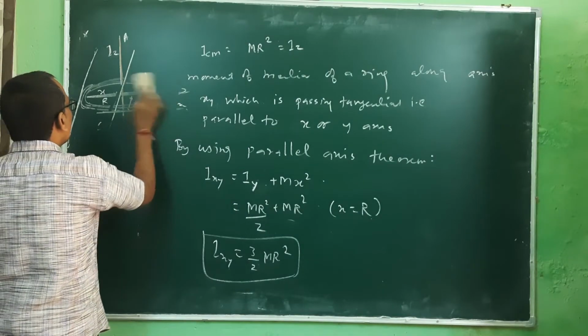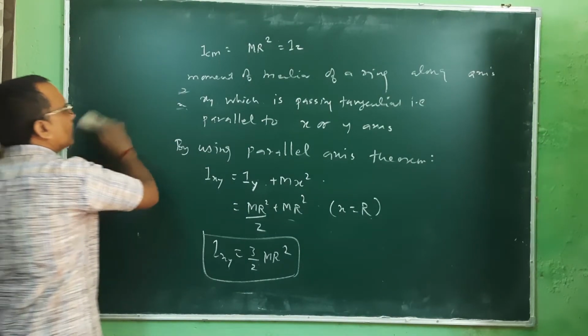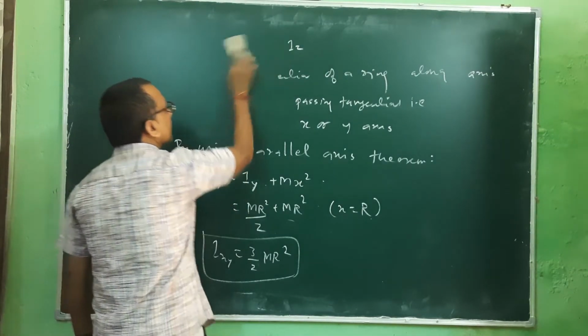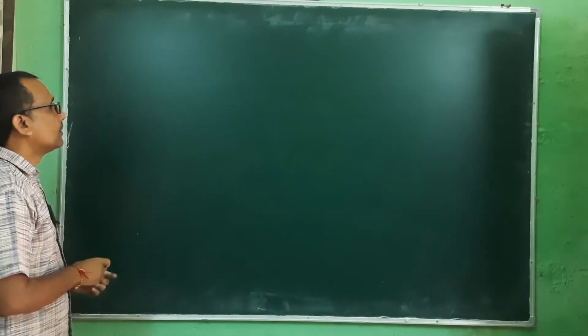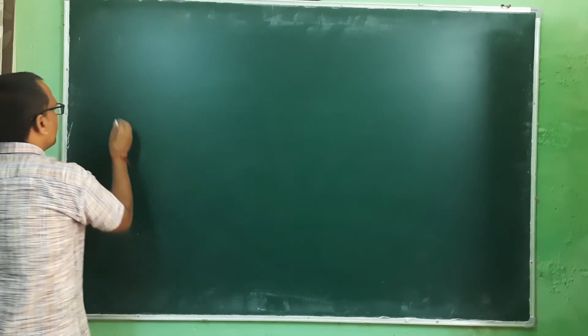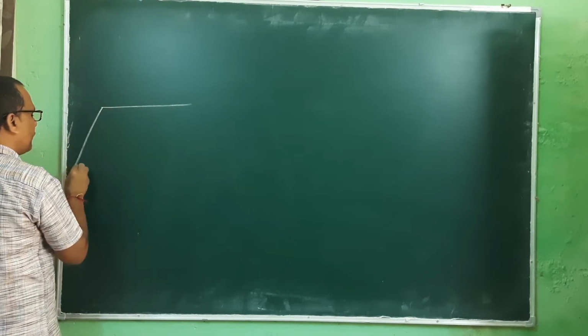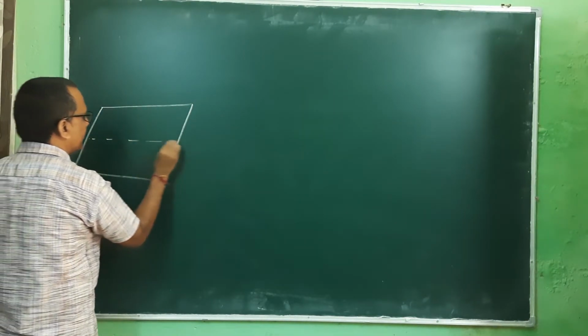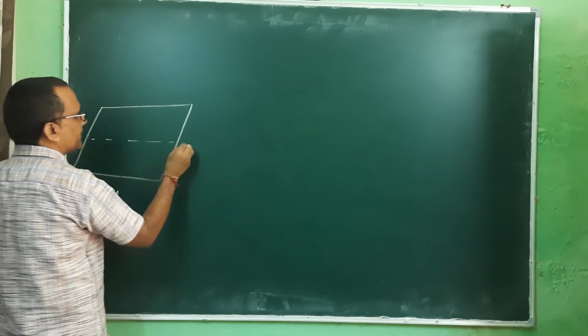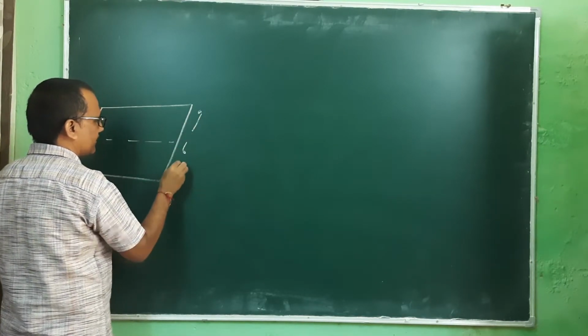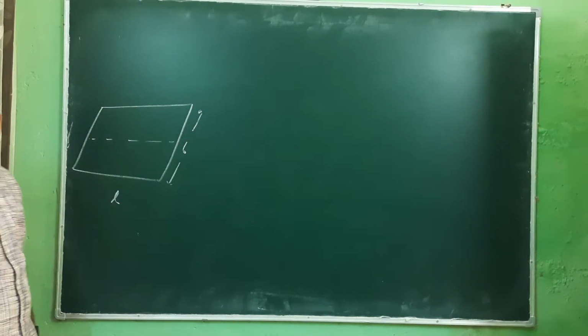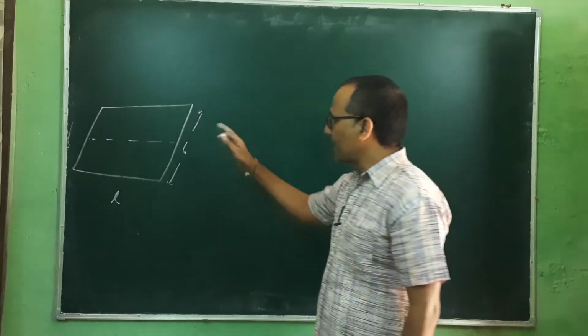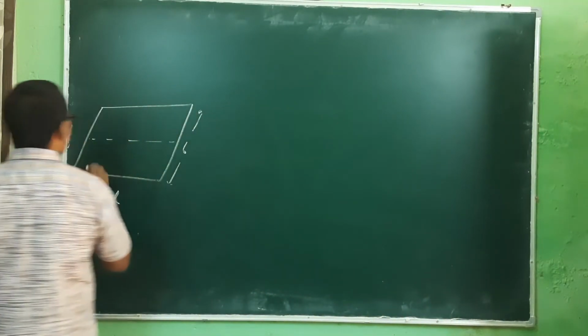So I am using here one flat rectangular body. Its length is L and its width is B. In order to sketch that 3D picture, I am sketching like this.